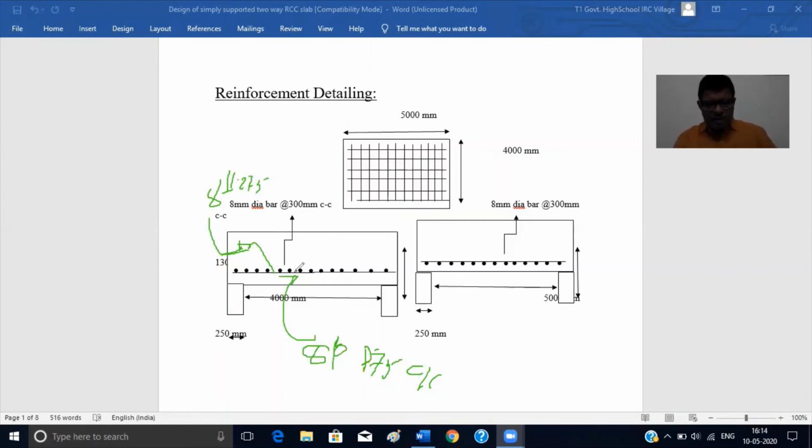This steel is the X direction steel, and this is the Y direction steel. If you come here, these dots are the Y direction steel. This is the Ast YY, and this main is the Ast XX.